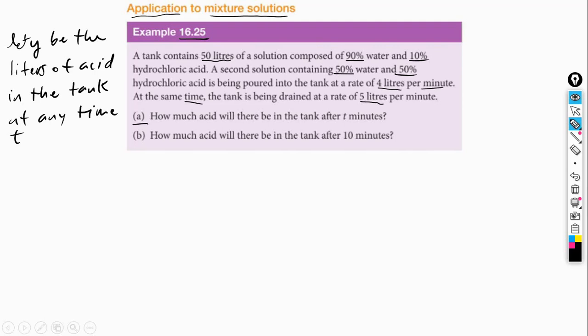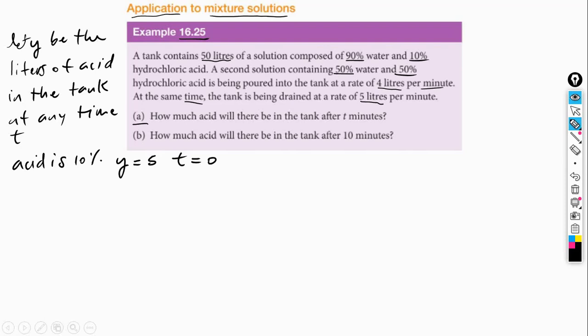Now we know that since the acid is 10% of the solution in the tank, that means that y is equal to 5 when t is equal to 0.